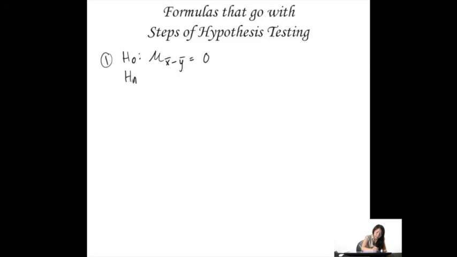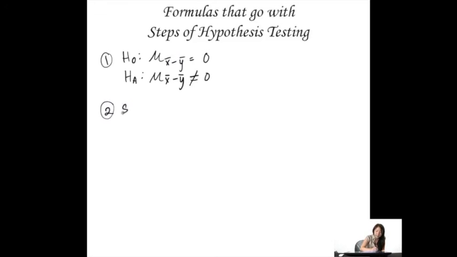Versus mu sub x bar minus y bar does not equal 0. So this is often what's going to be the case. Now you could rewrite this as mu sub x bar minus mu sub y bar sometimes, but there are some mathematical ideas that you have to learn before you could write that. So why don't we leave that aside for now.